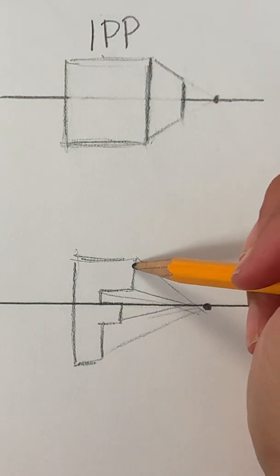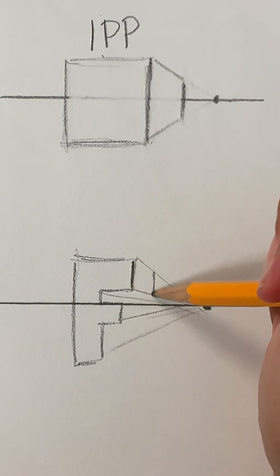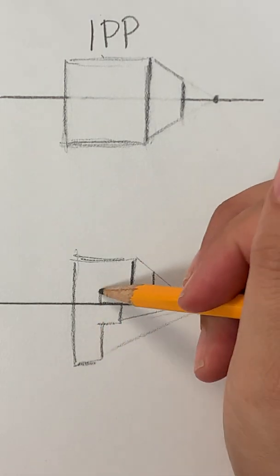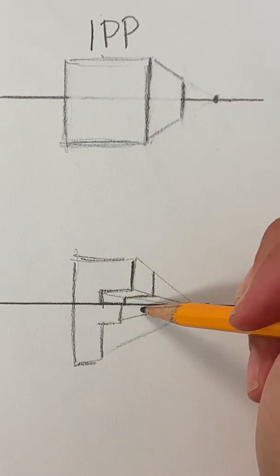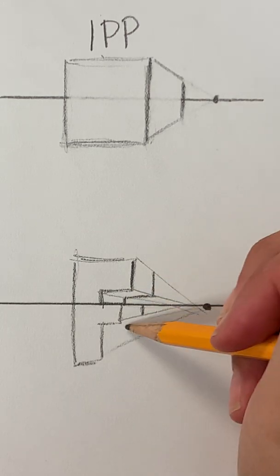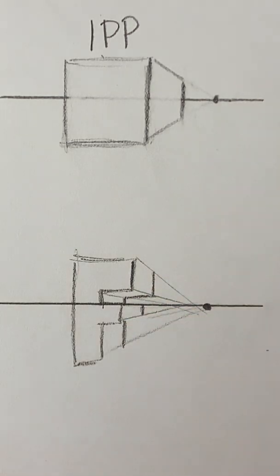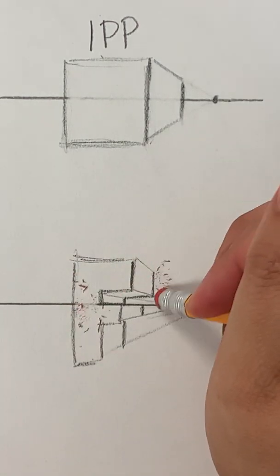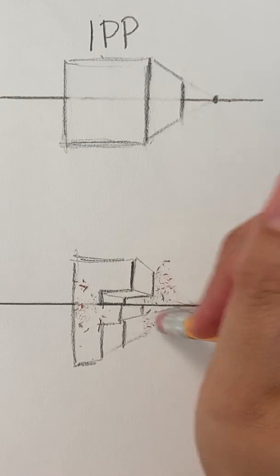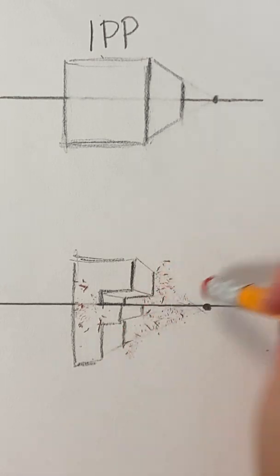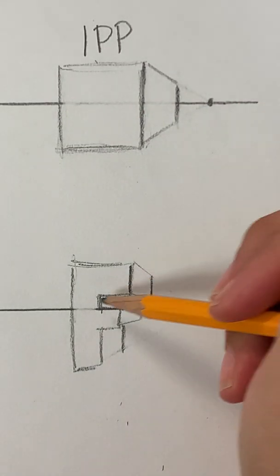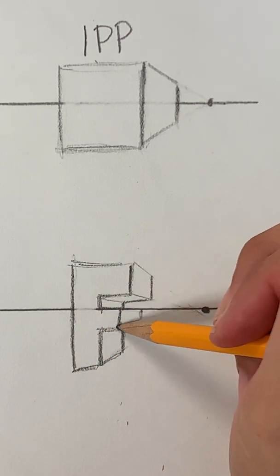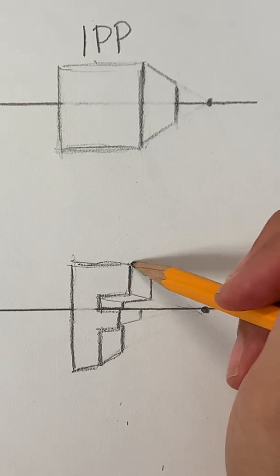Okay, and then I'm going to do a parallel line here, a parallel line here, parallel line here. I'm going to continue with that. I'm going to erase all the stuff I don't need. And I have a 1-point perspective letter F.